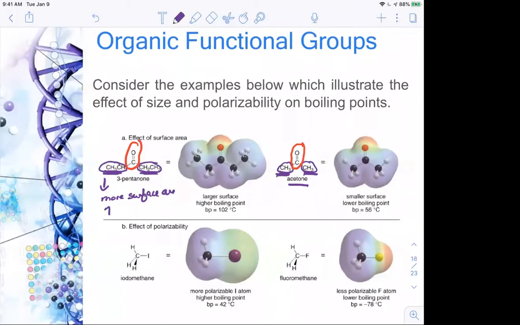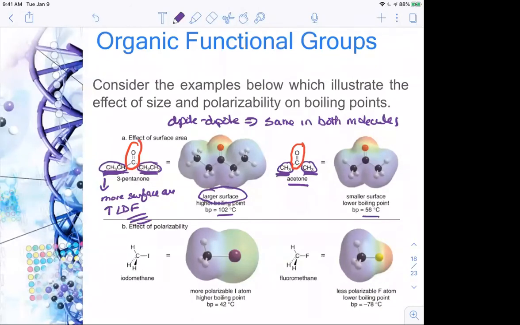So I'm increasing my London dispersion forces. My dipole-dipole is going to be the same in both molecules, but I have a higher London dispersion force because I have more carbons. This has a larger surface area. It has a higher boiling point than that one.